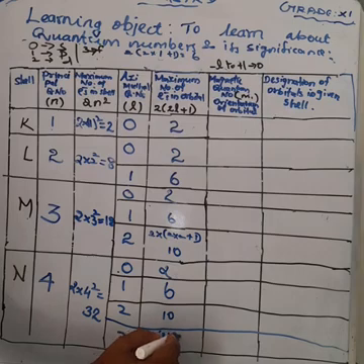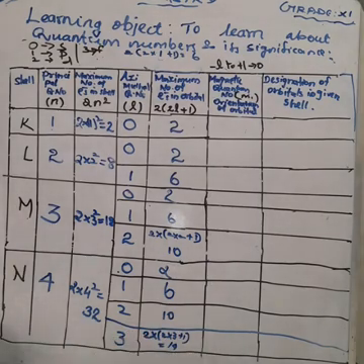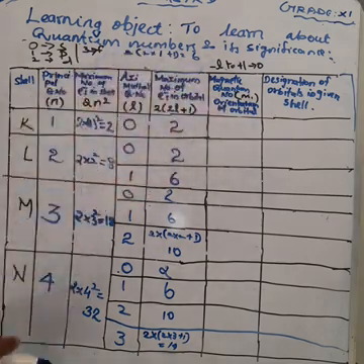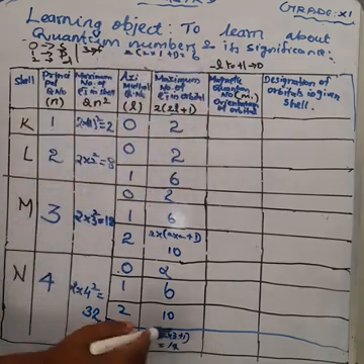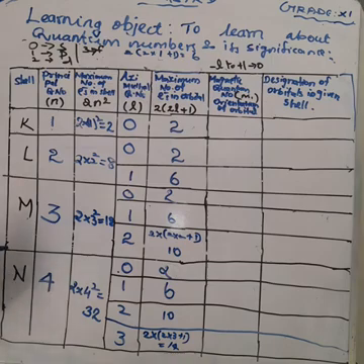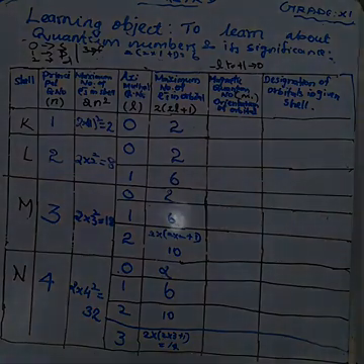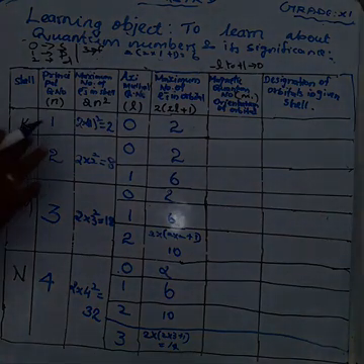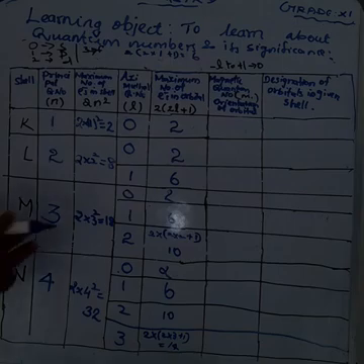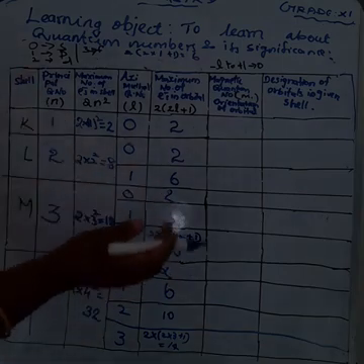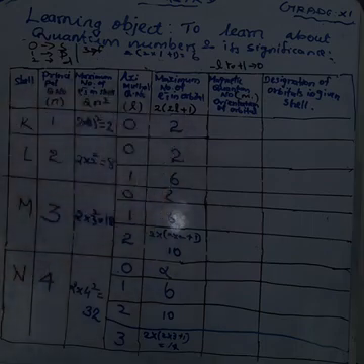And next, about the magnetic quantum number. Magnetic quantum number explains the orientation of orbitals. The principal quantum number explains the shells, the azimuthal quantum number explains the subshells, and the magnetic quantum number explains the orbitals.